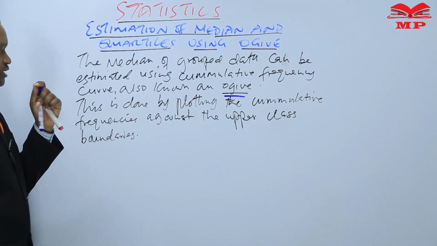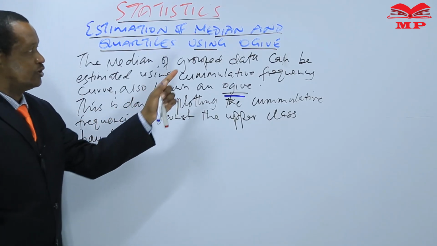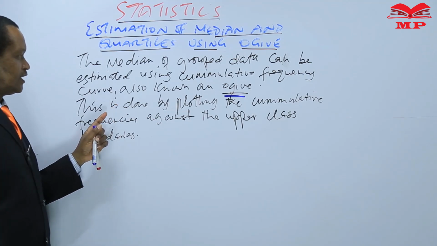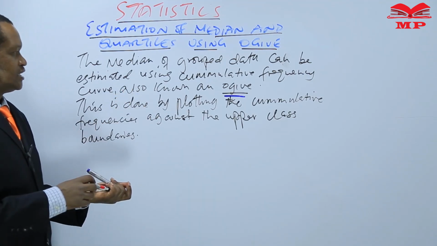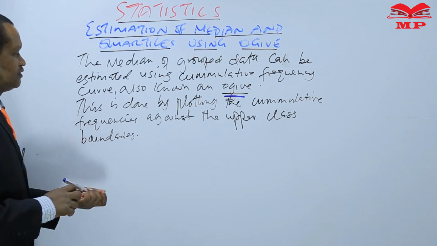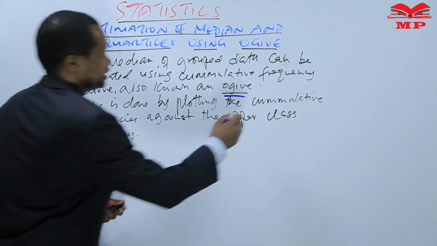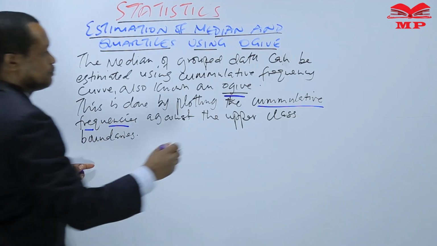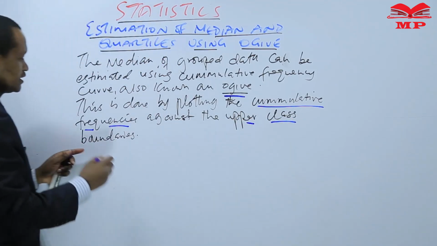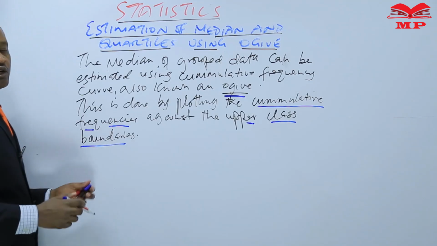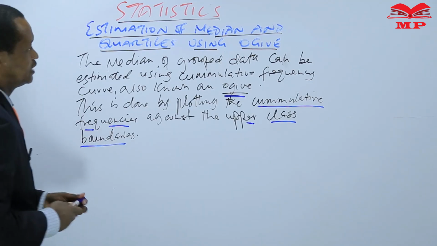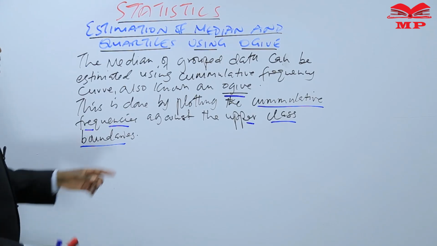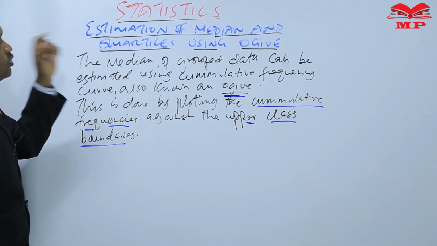So we determine the median or even the quartiles by plotting the cumulative frequencies against the upper class boundaries on a graph. That is how to determine the median or quartiles.